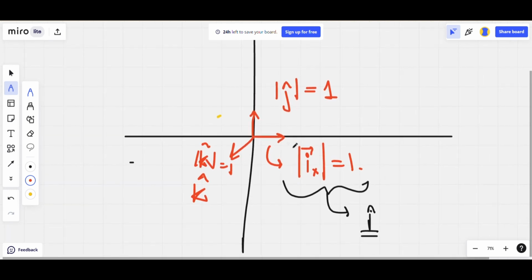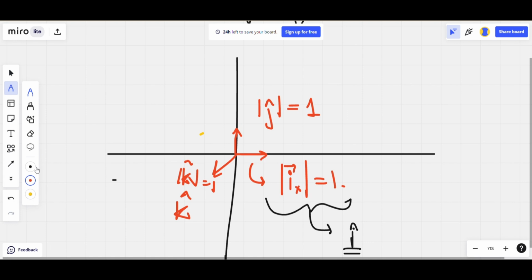And why do we bring out this concept of unit vectors? So that we can better describe the motion of an object which is so random. Let's say an object moves from here to here, and it's 3D.